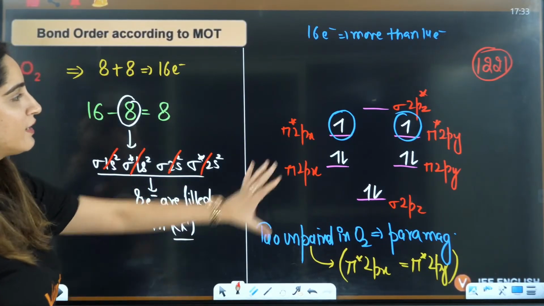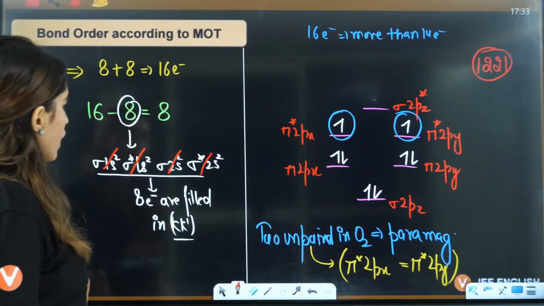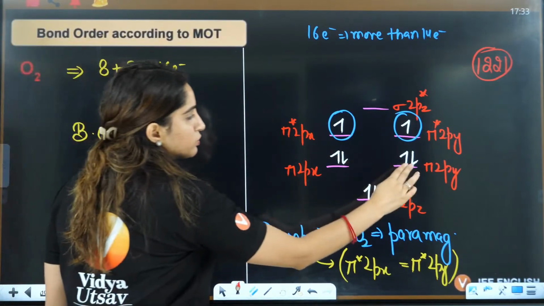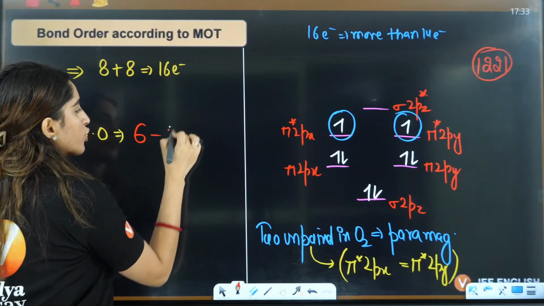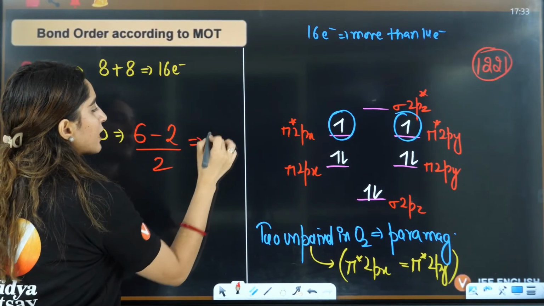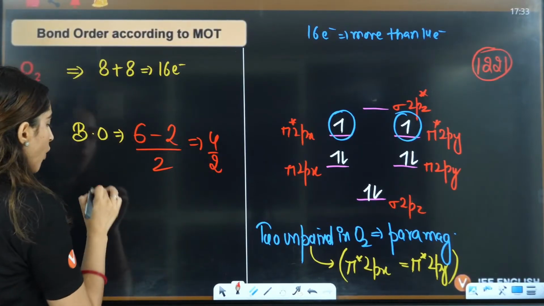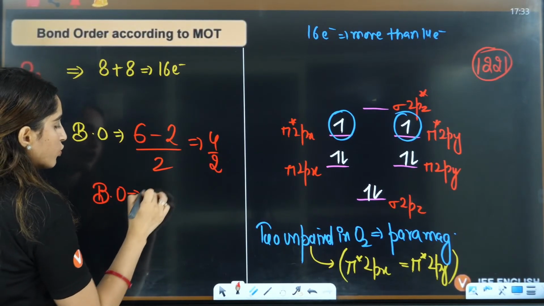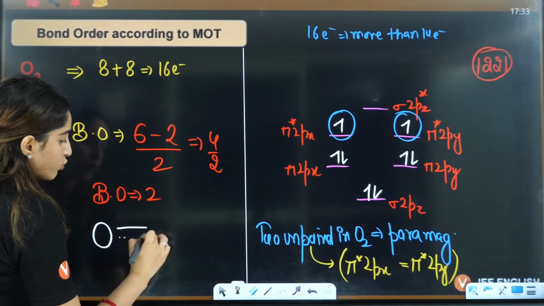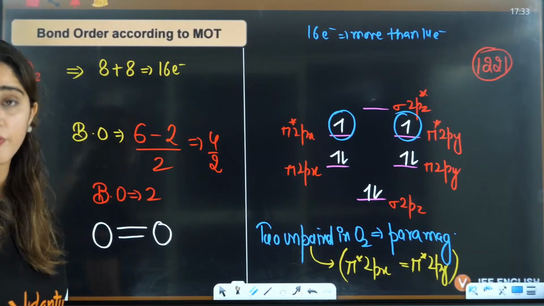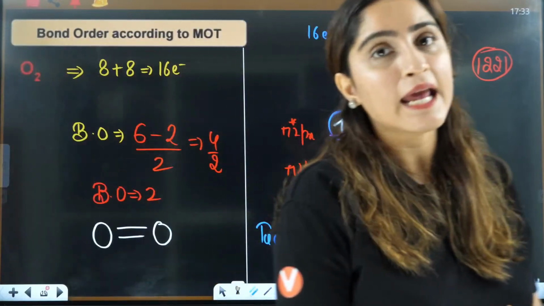We directly write this one. Here bonding is 1, 2, 3, 4, 5, 6. So it will be 6 minus 2 divided by 2, that is 4 by 2. So bond order comes out to be 2. That is the reason it has 2 bonds between oxygen.